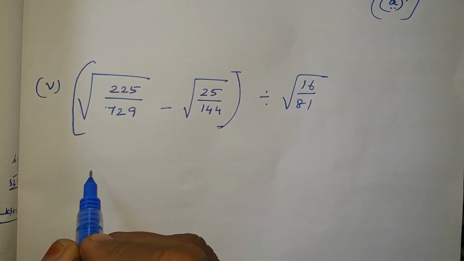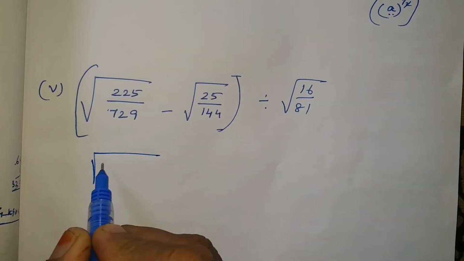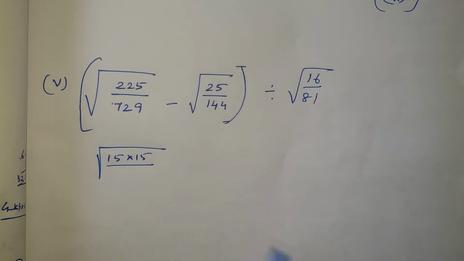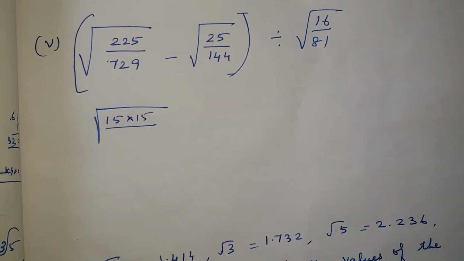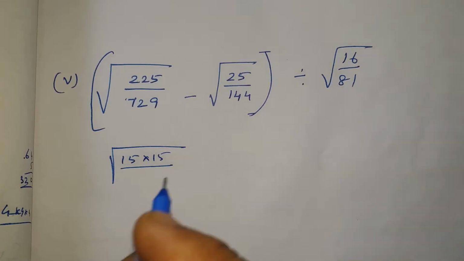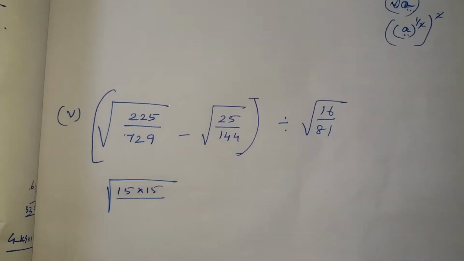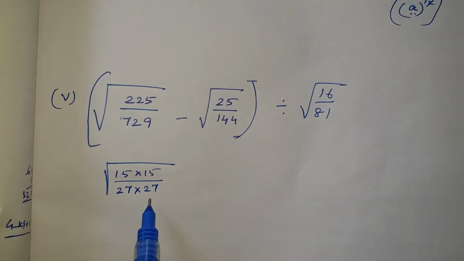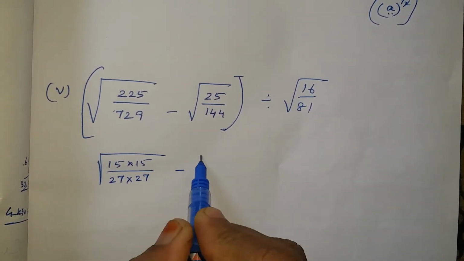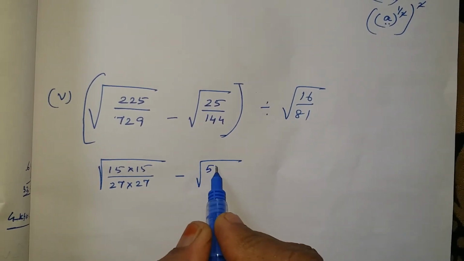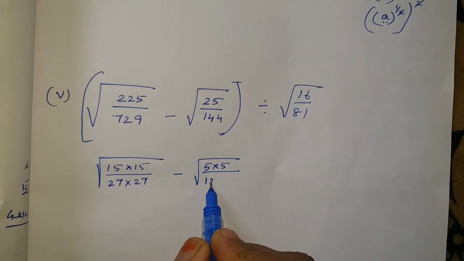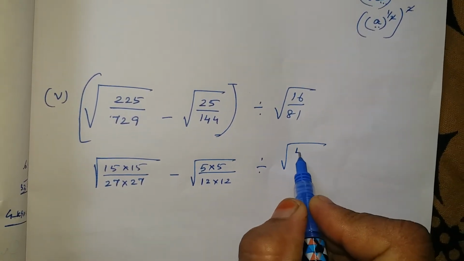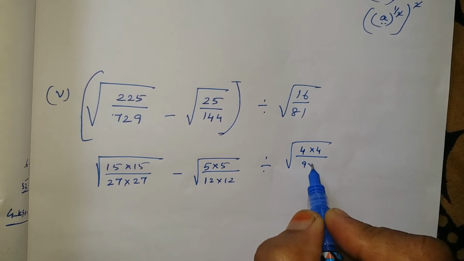You know, 225 can be written as 15 into 15, 729 can be written as 27 into 27, 25 can be written as 5 into 5, 144 can be written as 12 into 12, 16 can be written as 4 into 4, and 81 as 9 into 9.